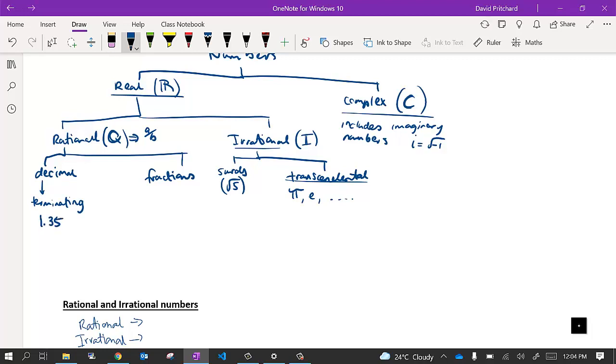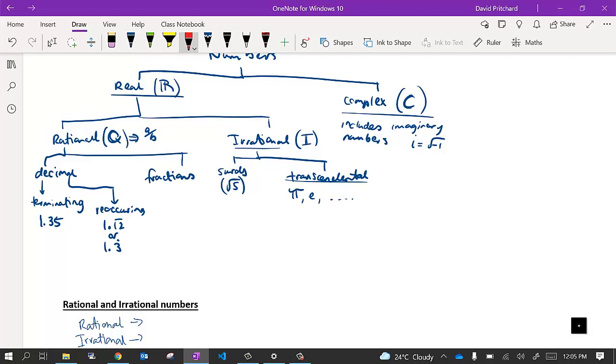So it's only got a finite number of decimal places, and also recurring decimals. And recurring obviously has infinite decimal places based on some recurring pattern. So for example, we might say 1.12 recurring or 1.3 recurring.